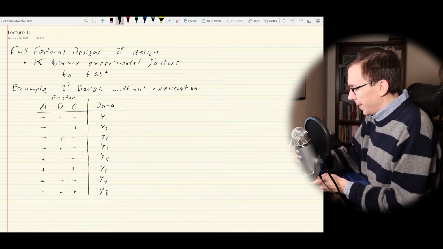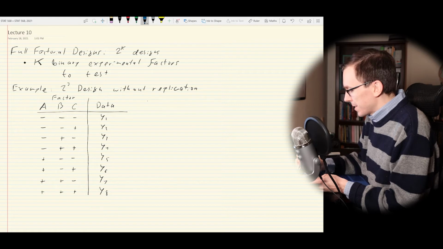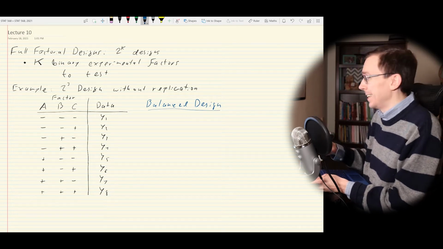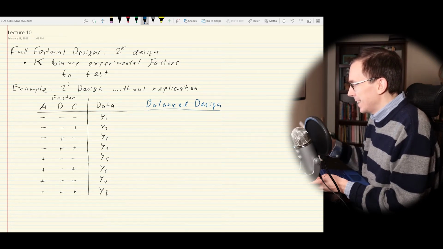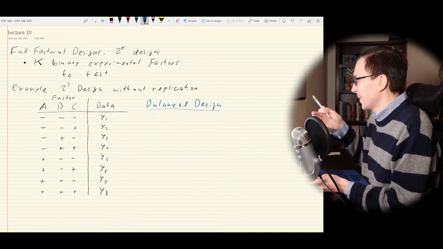We have a couple things that we have to recall, definitions, like the idea of a balanced design. This is something we talked about before when we had the incomplete balanced block design. Roughly, it just means that each factor level occurs in the same number of treatments.